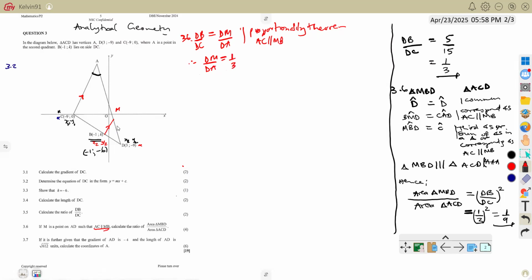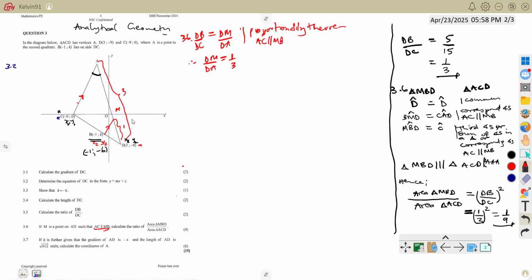If we are to put this on the diagram, here it's one part, then here is 3 parts.